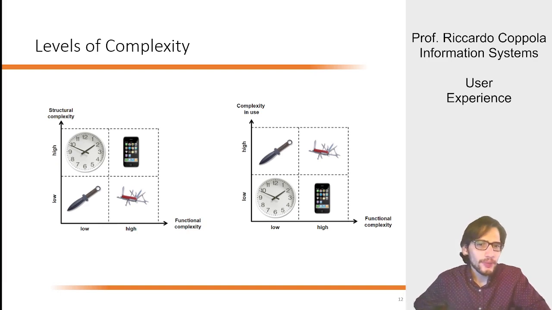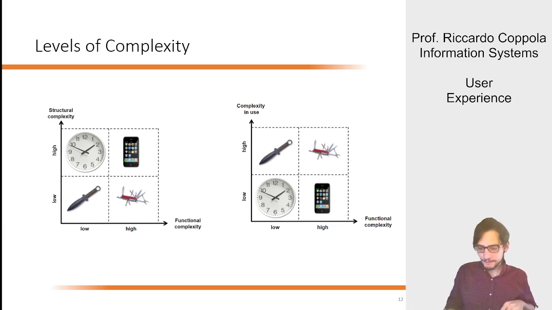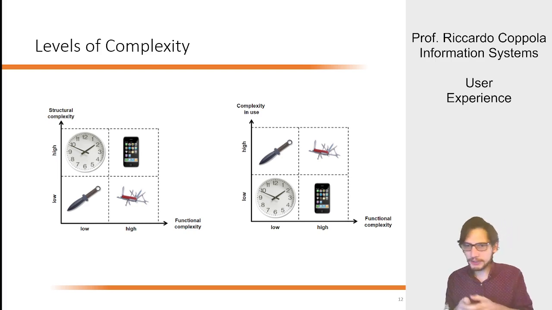So in that case, we have a very low complexity in use for both the smartphone and the clock. Those systems, even though they may be functionally complex in the case of the smartphone, and structurally complex in both the case of the clock and the smartphone, are designed in order to have a low complexity in use.